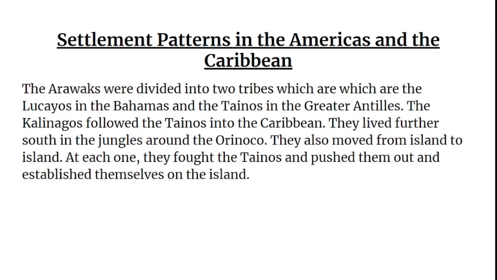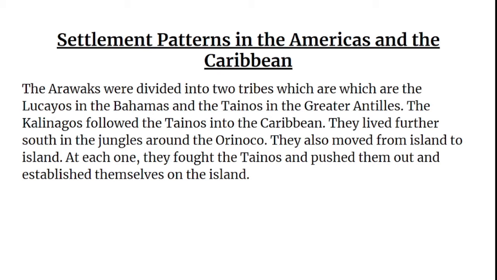The Arawaks were divided into two tribes, which are the Lucayos in the Bahamas and the Tainos in the Greater Antilles. So while people refer to the Tainos and Arawaks as the same thing, they're really not, because Arawaks is the name of the people. Then you have two tribes, the Tainos and the Lucayos.